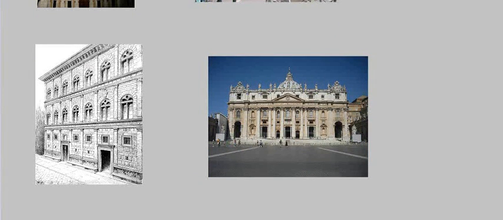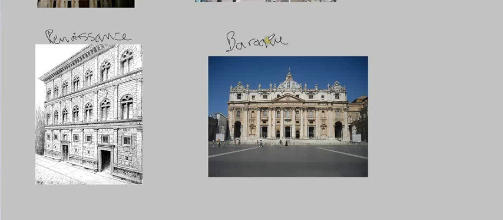Finally today, I want to just leave you with a comparison. On the left, the facade of the Palazzo Rucellai, which we already discussed, and on the right, the facade of St. Peter's Basilica by Carlo Maderno, which we discussed. So we have Renaissance versus Baroque.